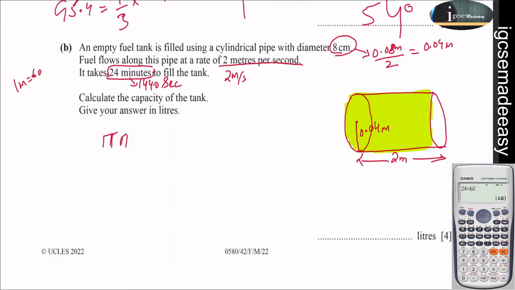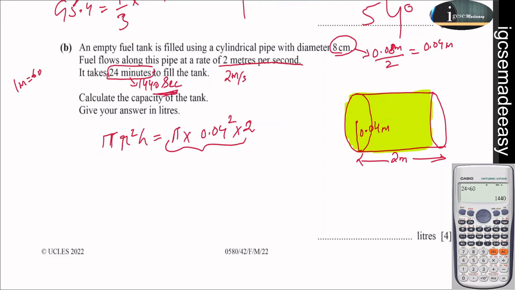So pi r square h is the volume of the cylinder and the pipe. So pi into r is 0.04, pi r square into h, where h is 2. Correct? So this is the volume that is being swept out in 2 meter per second, and they're talking about 1 second.